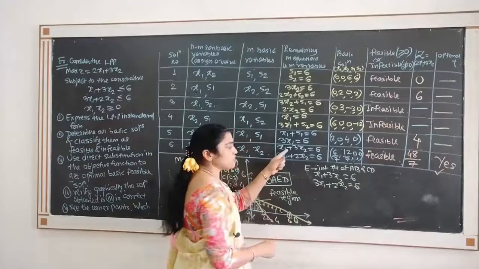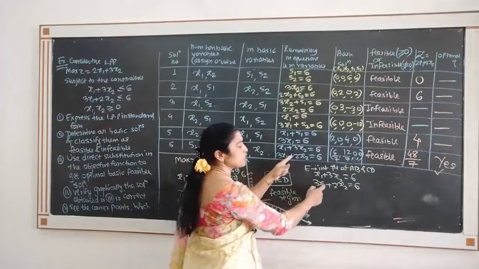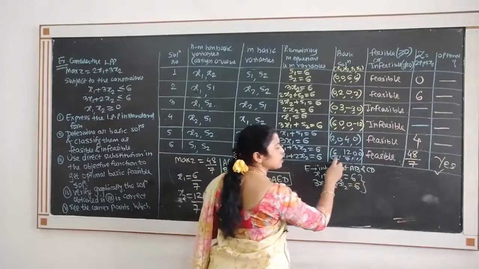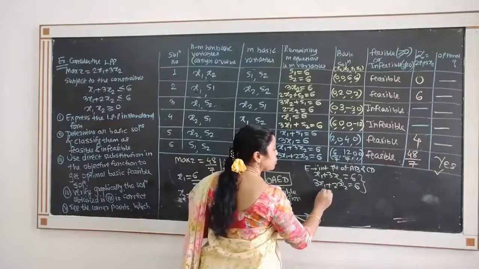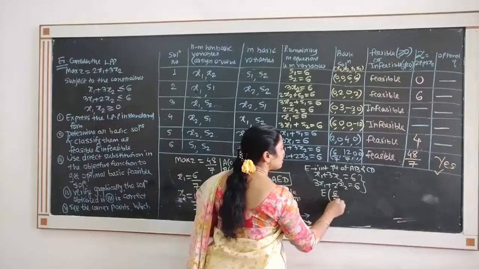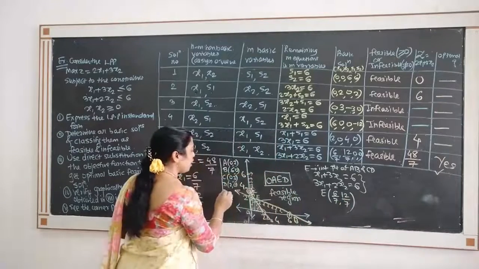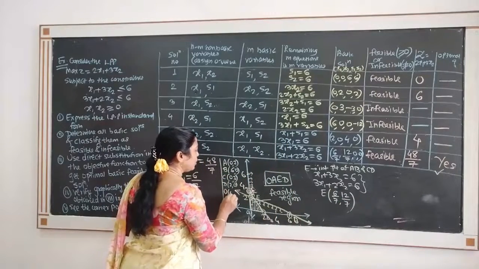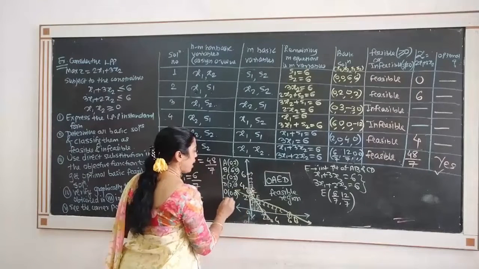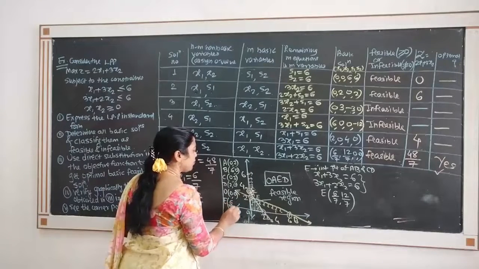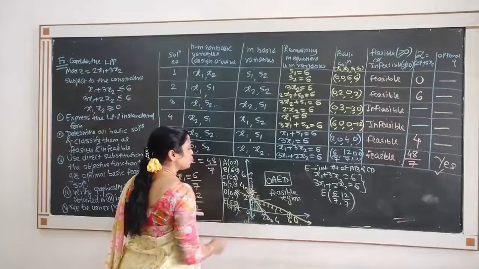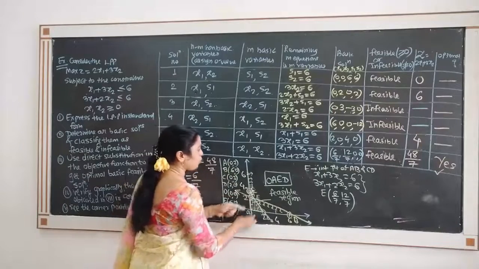We have already solved this equation here, and we get the point to be 6 by 7, 12 by 7. So what is E point? It is 6 by 7, 12 by 7. O point is the origin, that is this, and E point is 6 by 7, 12 by 7. So observe, we get all these corner points.